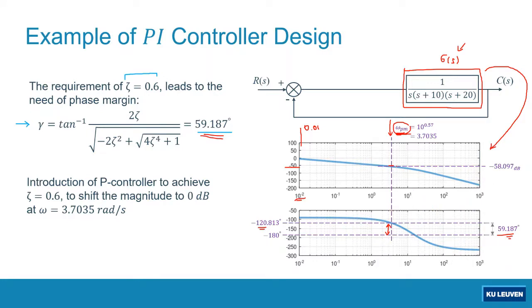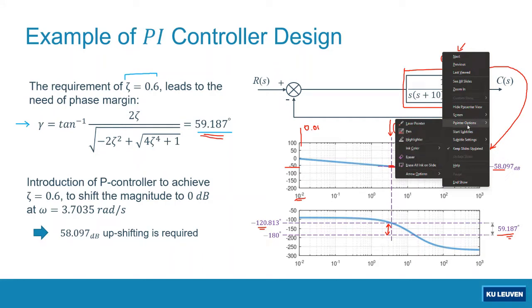How much do we have to shift it up? Of course, because this point is at negative 58.097 dB, this means we have to shift up the magnitude plot about 58.097 dB. We need to shift it up as much as positive 58.097 dB, right?